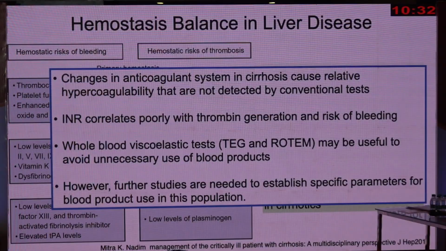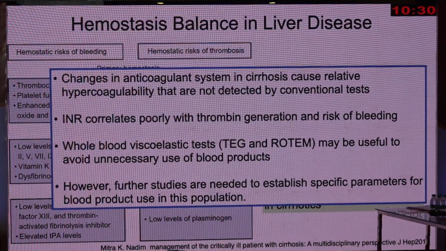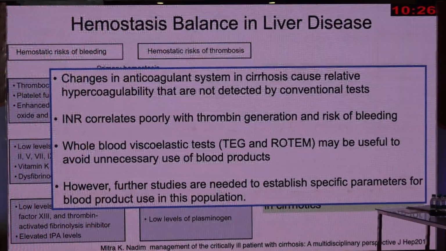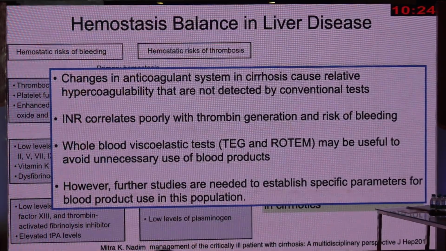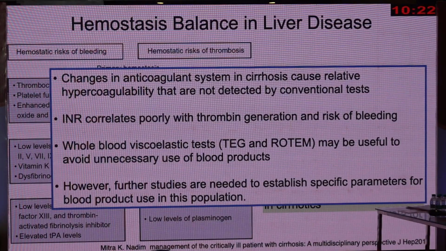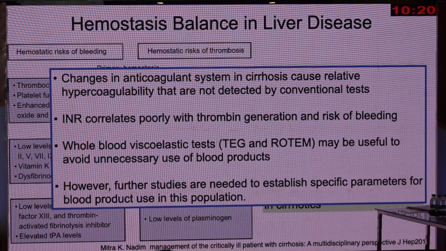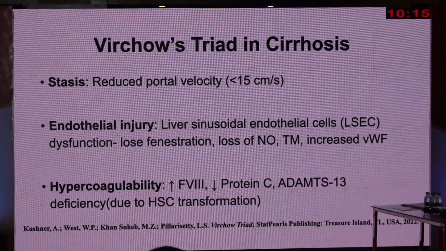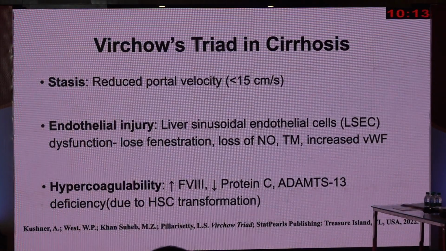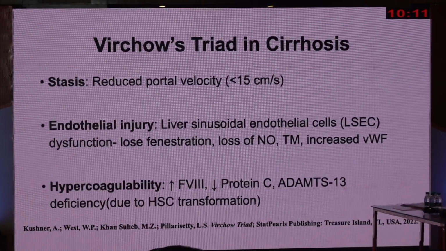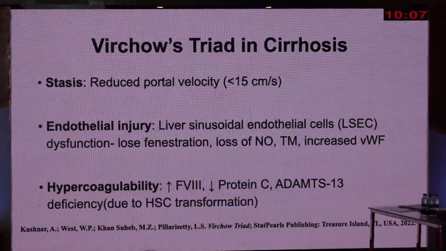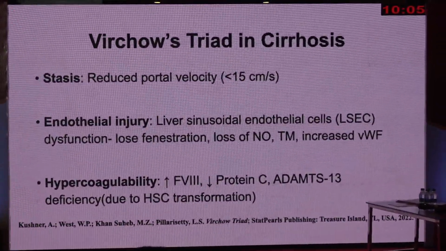So we should always go for a viscoelastic test, TEG or ROTEM, to look for which products are needed in these patients. But fortunately, the vascular liver disorders we are discussing today develop cirrhosis only at a later stage of the illness. In cirrhosis, all three components of Virchow's triad are affected, from stasis to endothelial injury to hypercoagulability.